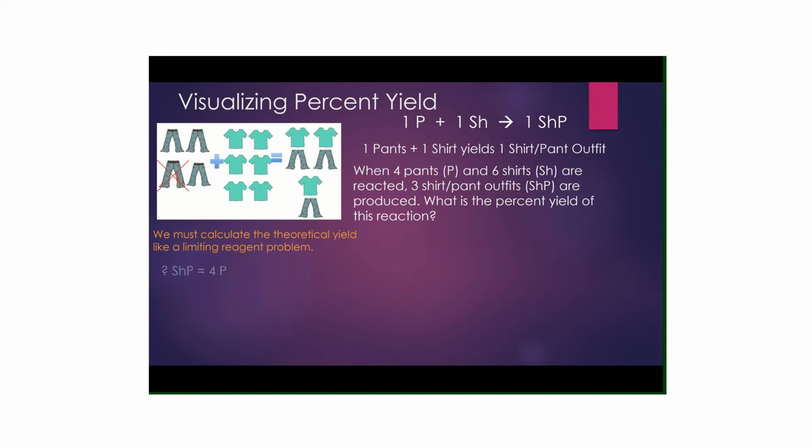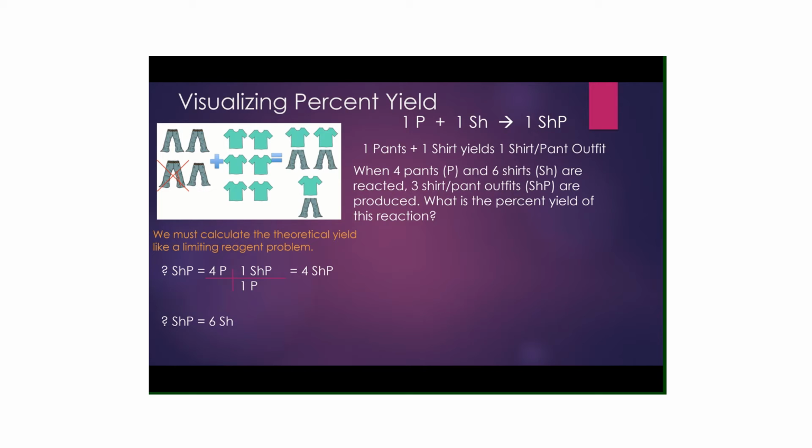Well, first step, we have to treat it like a limiting reagent problem. How many shirt pants pairs could we make with 4 pants? Well, according to our chemical reaction, there's a 1-to-1 ratio. So with 4 pants, we should be able to make 4 shirt pant combinations. We need to do that again for our number of shirts.